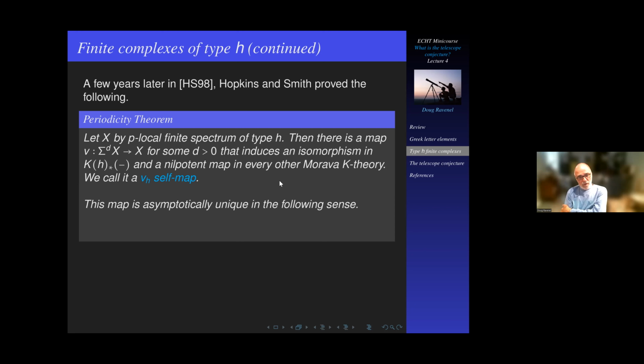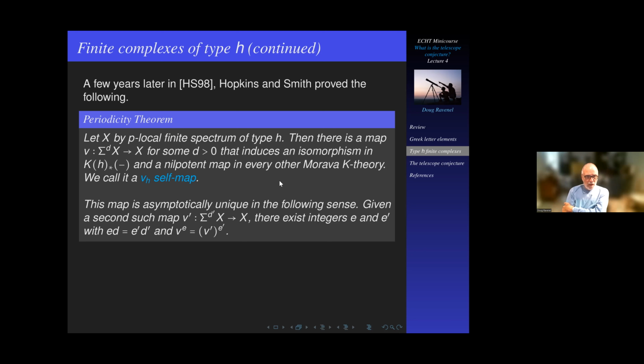Now, I didn't say that this map is unique, but it is asymptotically unique in the following sense. Let's say we have another map, v prime, for a different suspension, d prime of X. Then there are integers e and e prime with e times d equals e prime times d prime, and the e-th power of v is the e prime power of v prime.